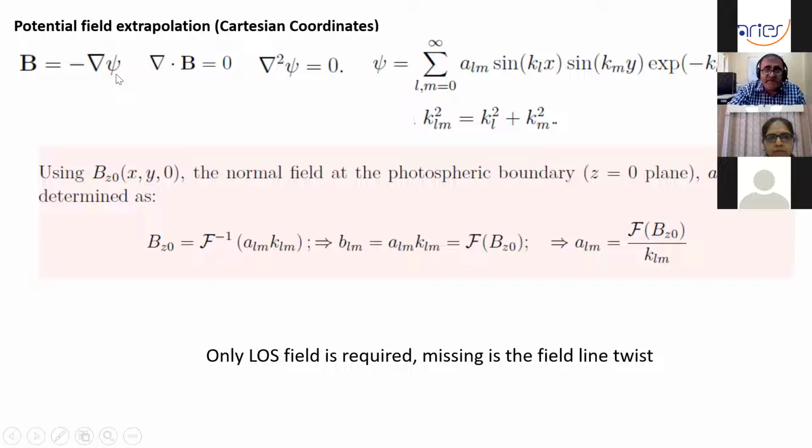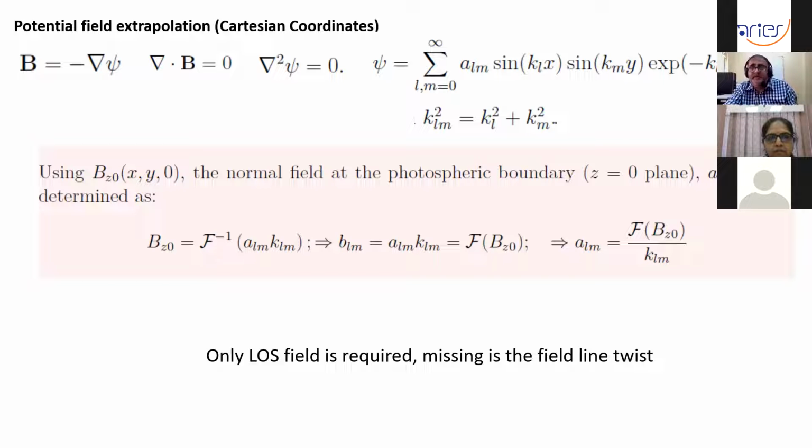So a bit of mathematics: the potential field extrapolation relies on writing B is equal to grad psi, where psi is the magnetostatic potential, and divergence of B equal to 0 gives you a Laplace equation, which can be solved with periodic boundary conditions. And as soon as I say periodic boundary conditions, you can see the challenges I am already in, because the photosphere is not periodic. If you look at an active region, the magnetic field lines are twisting, turning, twirling.